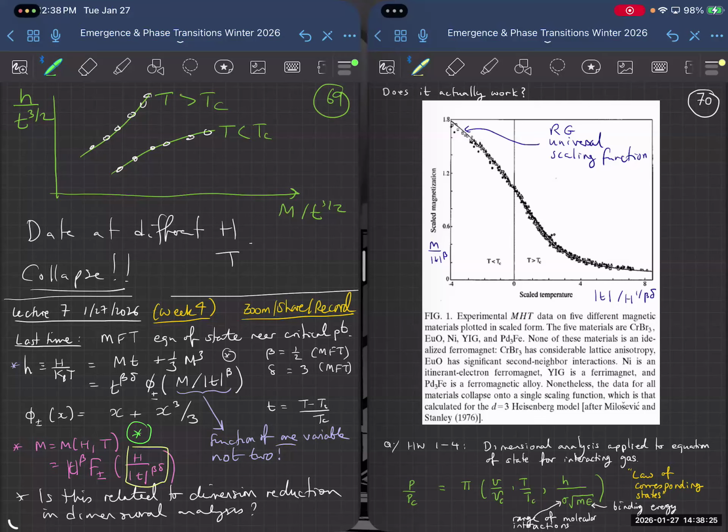It said take a bunch of materials, each of which has some sort of potential, say a Lennard-Jones potential, characterized by a binding energy epsilon and an atomic radius r naught, and then show that those classes of materials, like rare gases such as argon, krypton, xenon, neon, if you plot them, they would all fall onto one universal curve. Those of you who did that question derived it just from statistical mechanics and dimensional analysis.